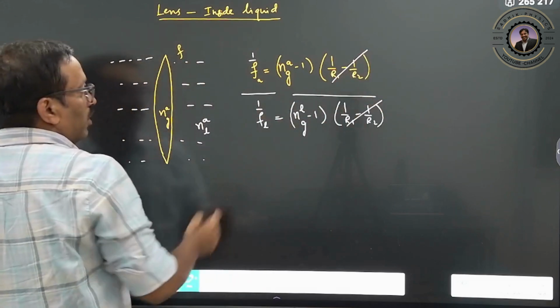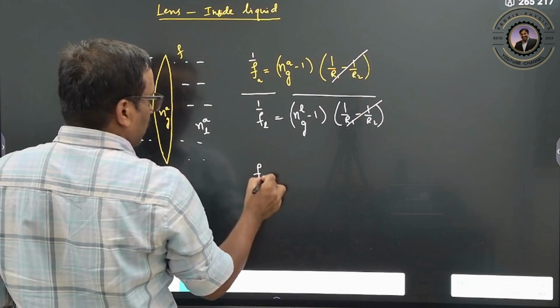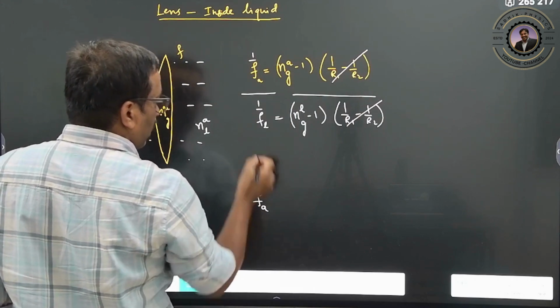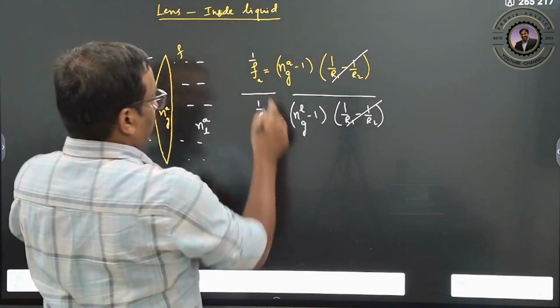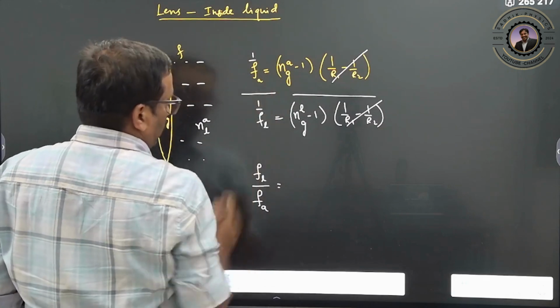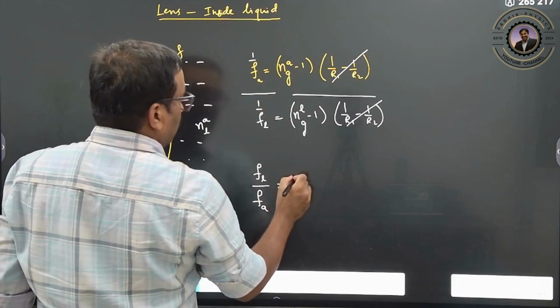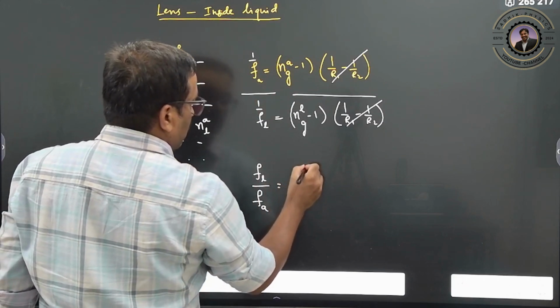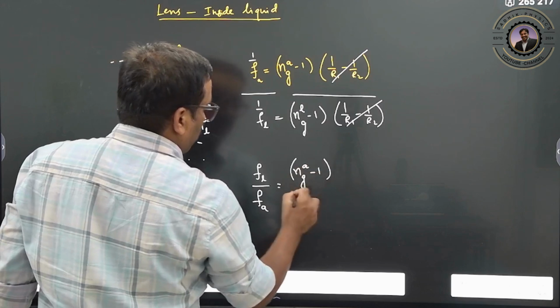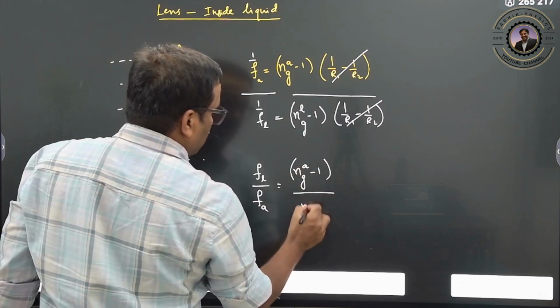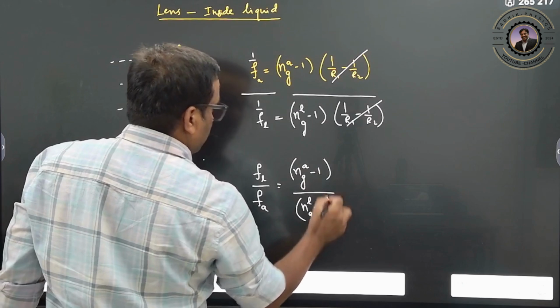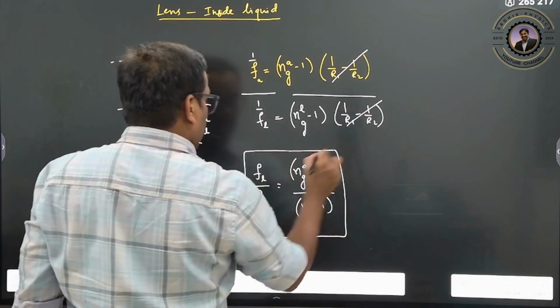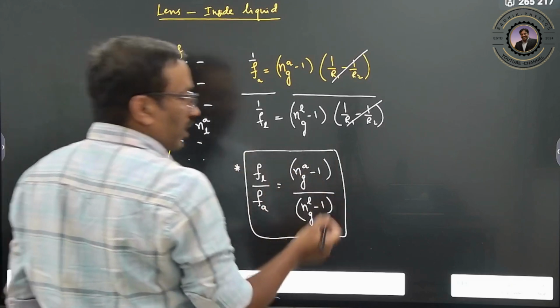So here what I will get: focal length in the liquid by focal length in the air. It is inversely proportional, therefore it will be refractive index of the glass with respect to air minus 1 by refractive index of the glass with respect to liquid minus 1. So this is the ratio, still some more modification.